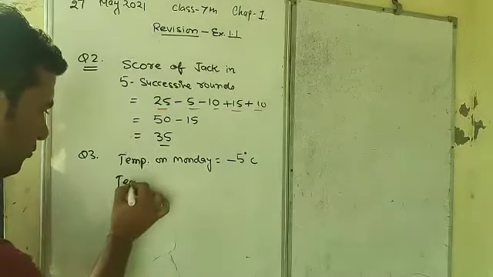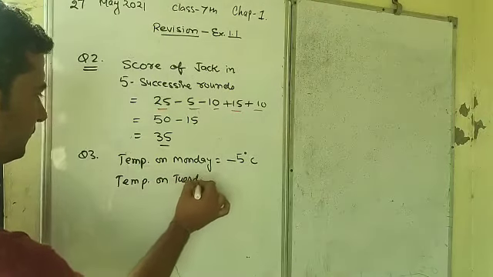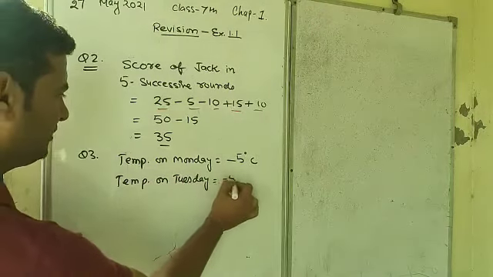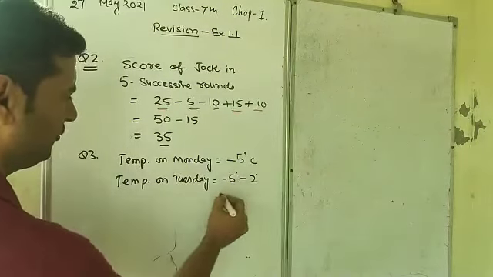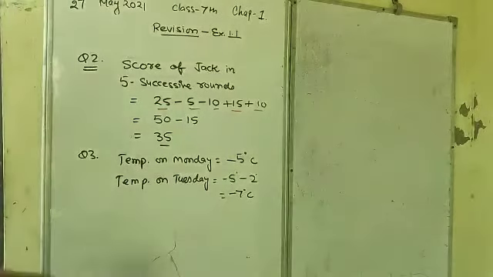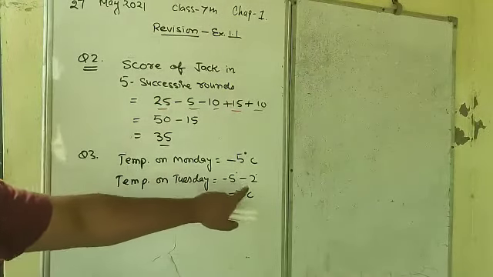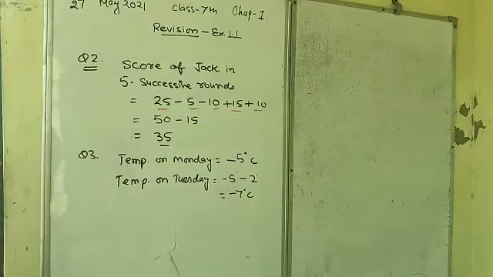So what is the temperature on Tuesday? The temperature dropped by 2 degrees, so -2 degrees Celsius. So it becomes -7 degrees Celsius. If it drops we have to subtract, and if the temperature rises we have to add. Okay. So the temperature of Srinagar on Tuesday is -7 degrees.